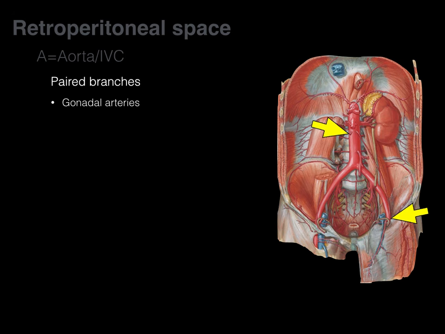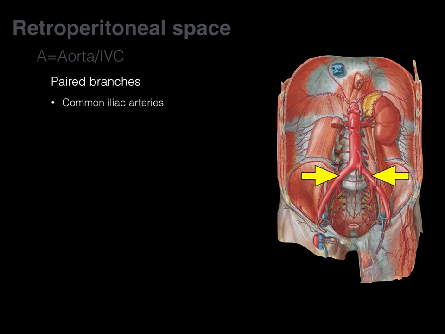In the female, they stop in the pelvic cavity. In the male, they go through the deep inguinal ring, inguinal canal, and into the scrotal sac. We have the lumbar arteries that are homologous to the intercostal arteries, and they segmentally supply the lower back and lower body wall.